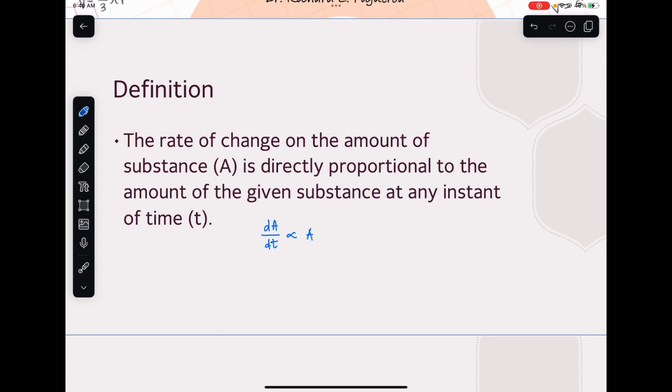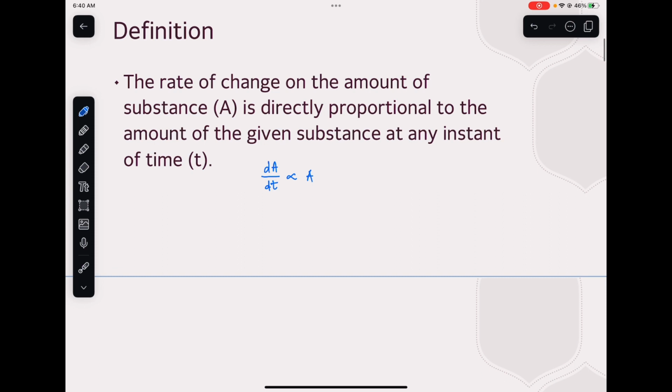And since this is a variation, we can convert this into an equation by introducing a proportionality constant, k, so that would make it equal to k times A. From here, that forms our differential equation, and from our differential equation we find its solution by separating variables, since this is a separable equation.